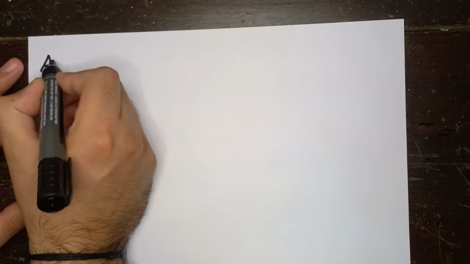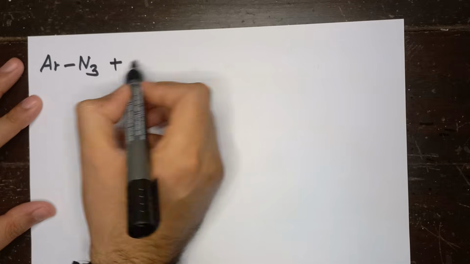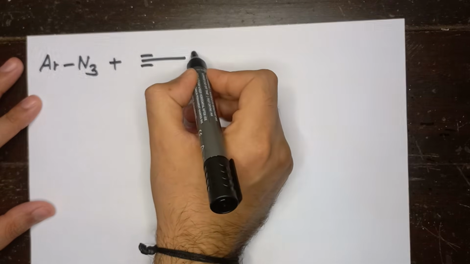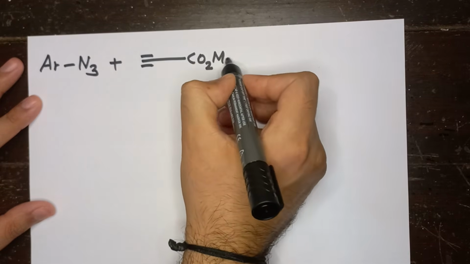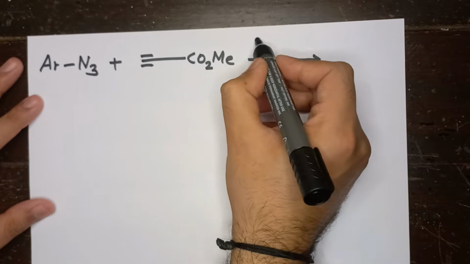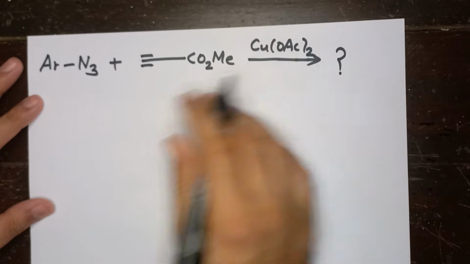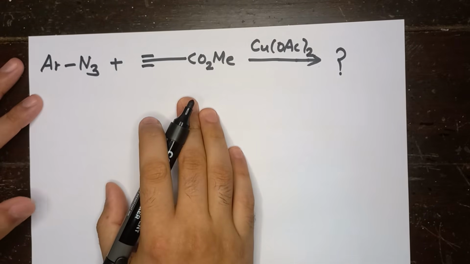Okay, so here's another question. We have this azide and this particular alkyne, and here we are using copper acetate. So pause the video, try the mechanism and find out the product.